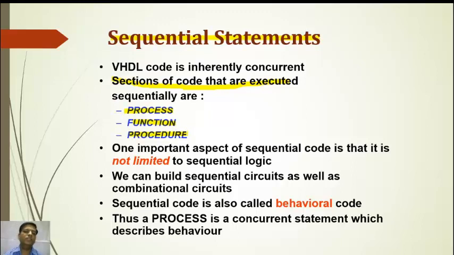These are the sequential statements: process, functions and procedure. One important aspect of sequential code is that it is not limited to sequential logic. We can build sequential circuits as well as combinational circuits.